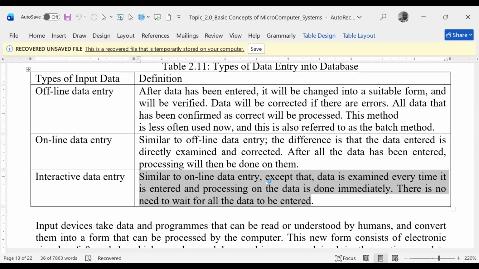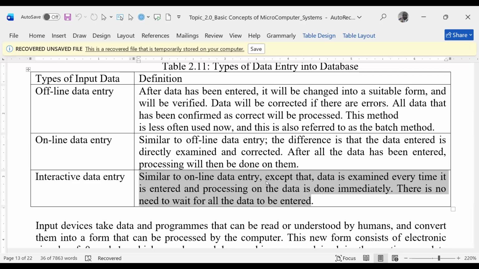Interactive data entry means the system must be connected. And interactive here means anytime input is made, the system will verify it before you can proceed. Remember, there are some online forms where, when you are filling in, you type maybe your name, your ID.